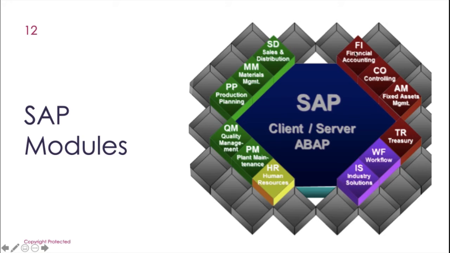Financial accounting FI and CO modules are used for controlling and financials. But then there are other modules which are optional. You can implement them and get a better grip on the business, but even without them you can go ahead. For instance, we have asset management, treasury, workflow, industry solutions, and yes, I missed that, SAP HR is extremely important because it takes care of human resources.